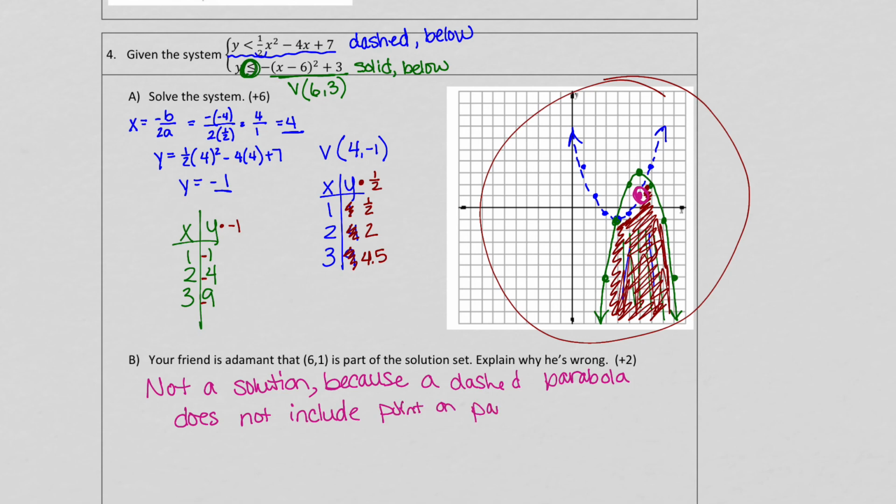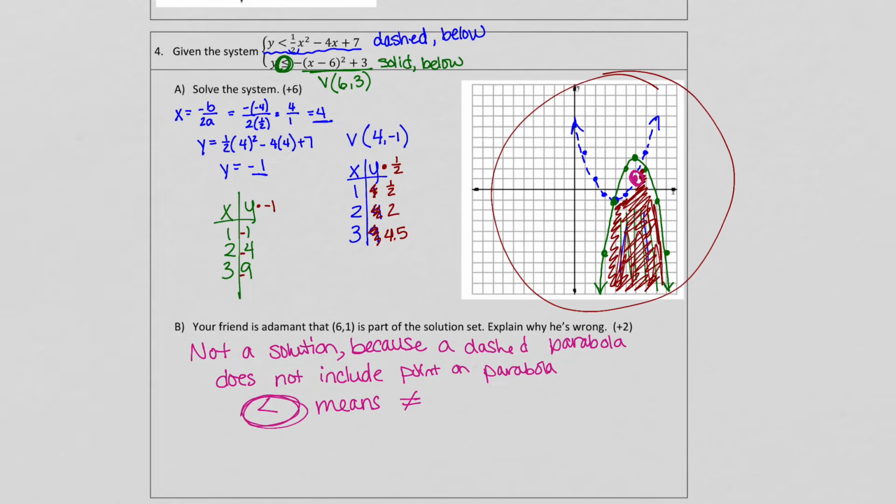Or you could have said something like, this less than symbol means it cannot equal or something. I mean, your wording in your words, but I looked for the meaning of those.